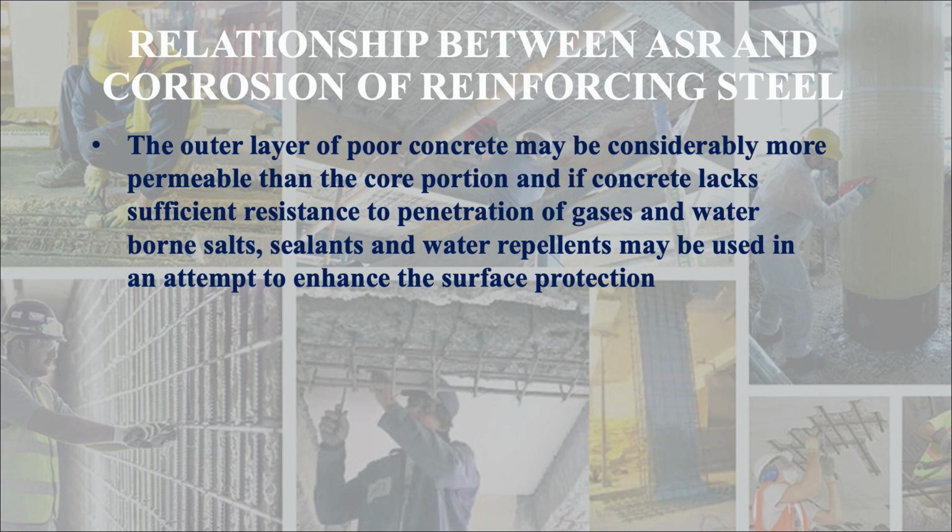The outer layer of poor concrete may be considerably more permeable than the core portion, and if concrete lacks sufficient resistance to penetration of gases and water-borne salts, sealants and water repellents may be used in an attempt to enhance the surface protection.